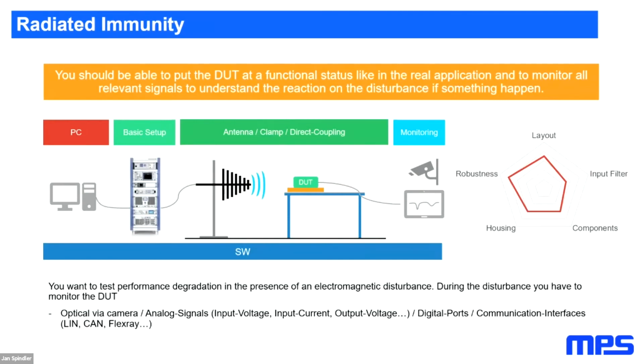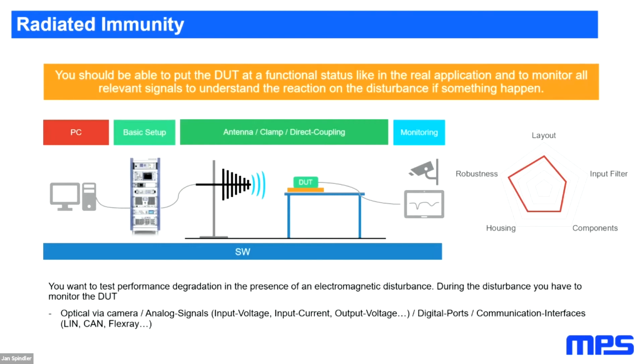The next topic, radiated immunity. Yes, it's a little bit more effort, and it's not so easy to do in a pre-compliant setup like this. But maybe you have some possibilities with what I mentioned before, mobile transmitter testing or something like this, where you don't need such big amplifiers and so on to test this.